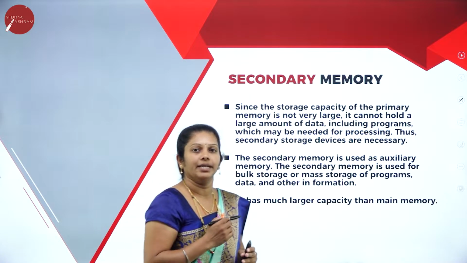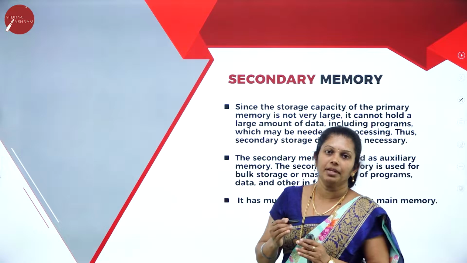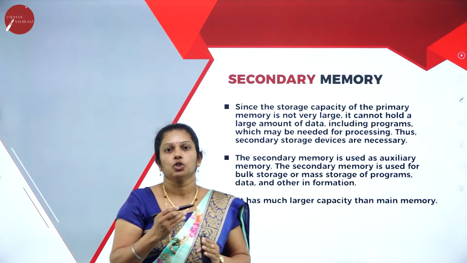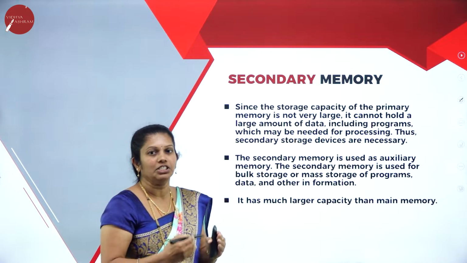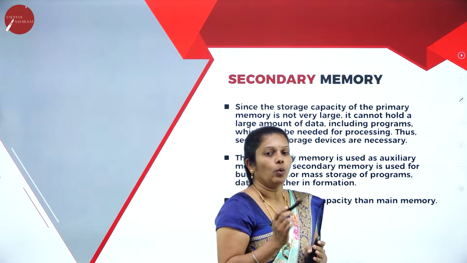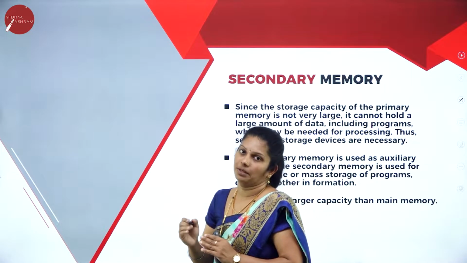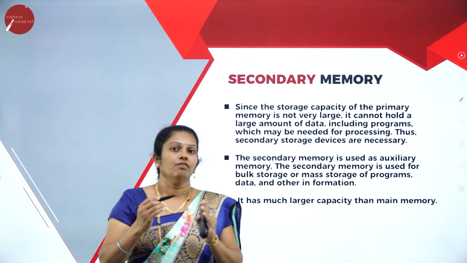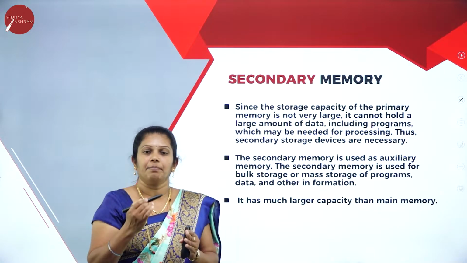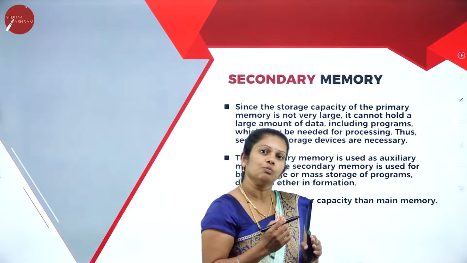What do you mean by secondary memory? When we talk about memory, there are two types: primary memory and secondary memory. Primary memory stores the data temporarily, whichever data we require temporarily. Secondary memory stores the data permanently for future purpose. On capacity, the primary memory capacity is very less, but secondary memory capacity is more.